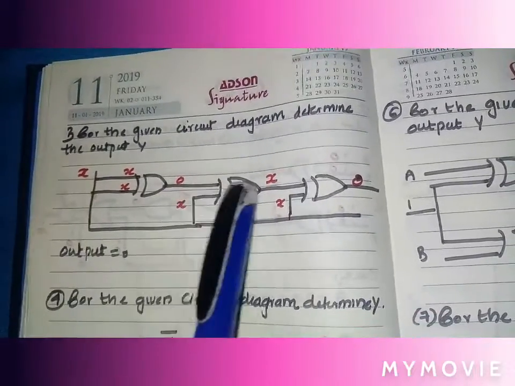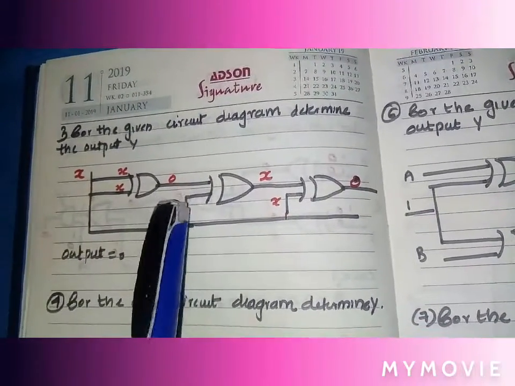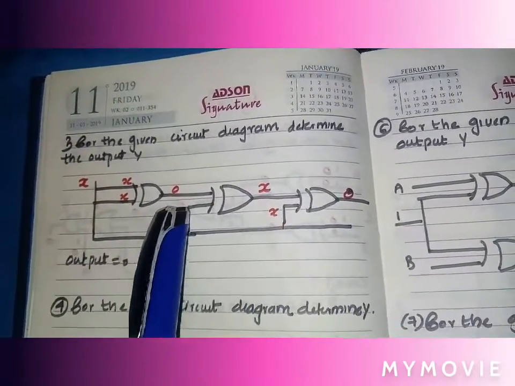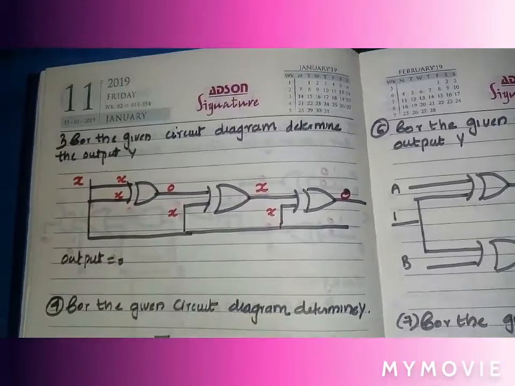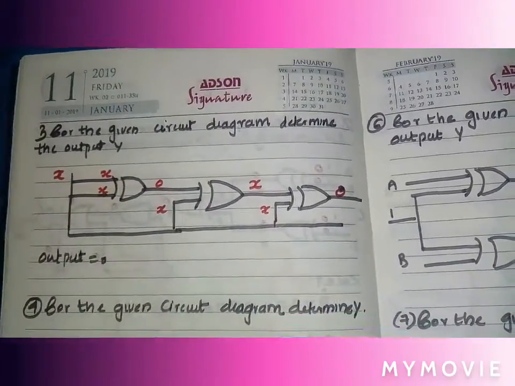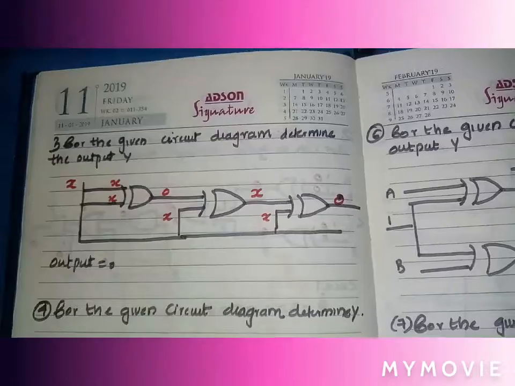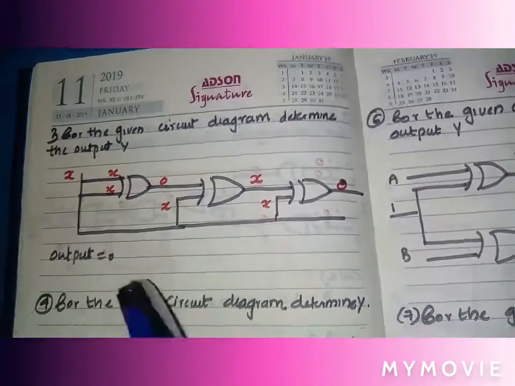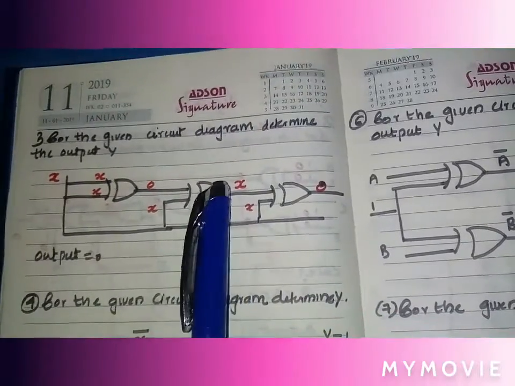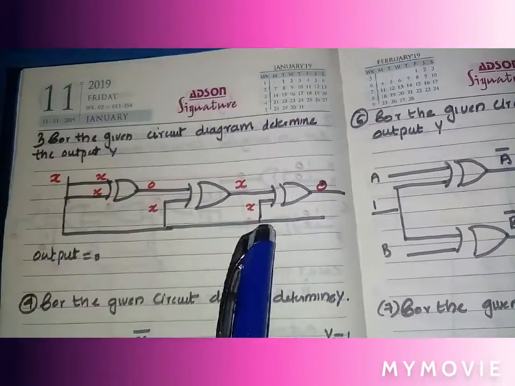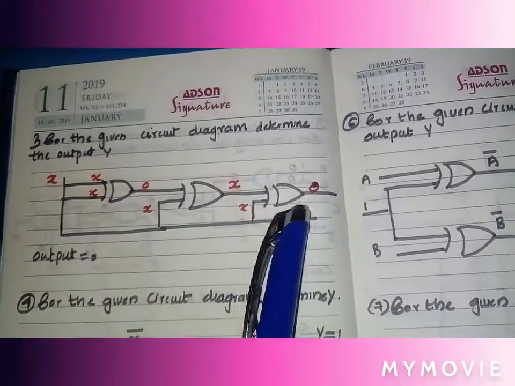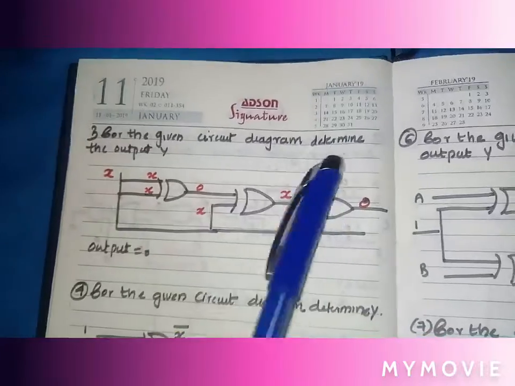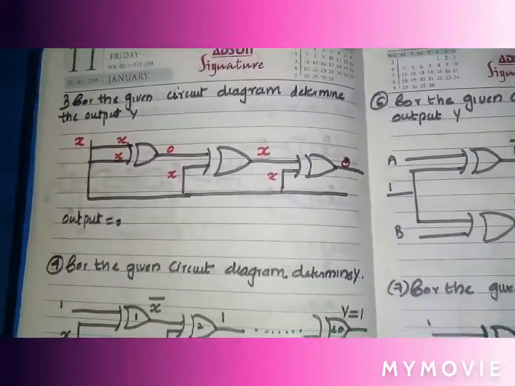This X is also connected to this XOR, which has two inputs. If one input is 0, the output will be the other input. If one input is 1, then the output will be the other input's bar. So X and X are the inputs of this third XOR, the inputs are the same, so the output will be 0. So the output will be 0 for this circuit diagram.